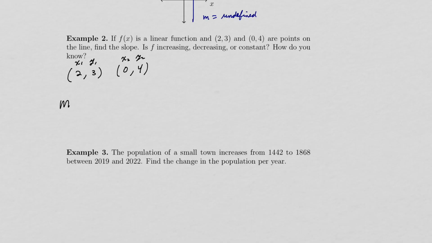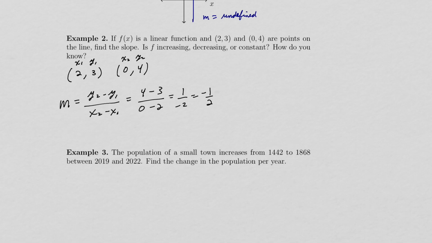To calculate the slope, remember it's the change in the output, y2 minus y1, over the change in the input, x2 minus x1. So this would be 4 minus 3 over 0 minus 2. That will be 1 over negative 2, so negative 1/2.